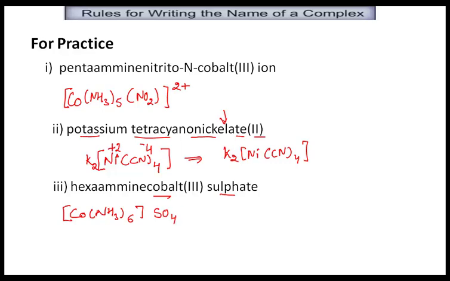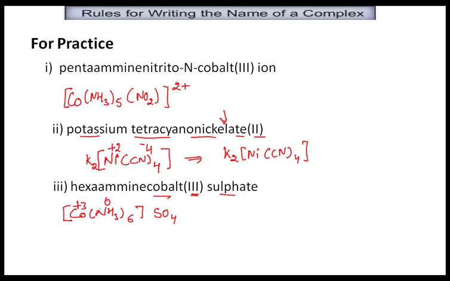We have to check whether it will be 1 time, 2 times, 3 times. The central atom has oxidation state +3. Ammine is neutral, sulfate is -2.